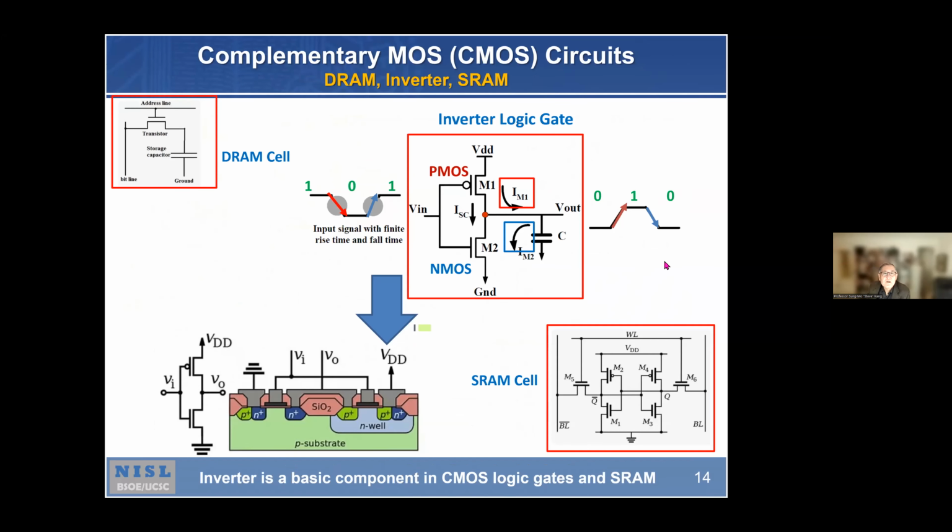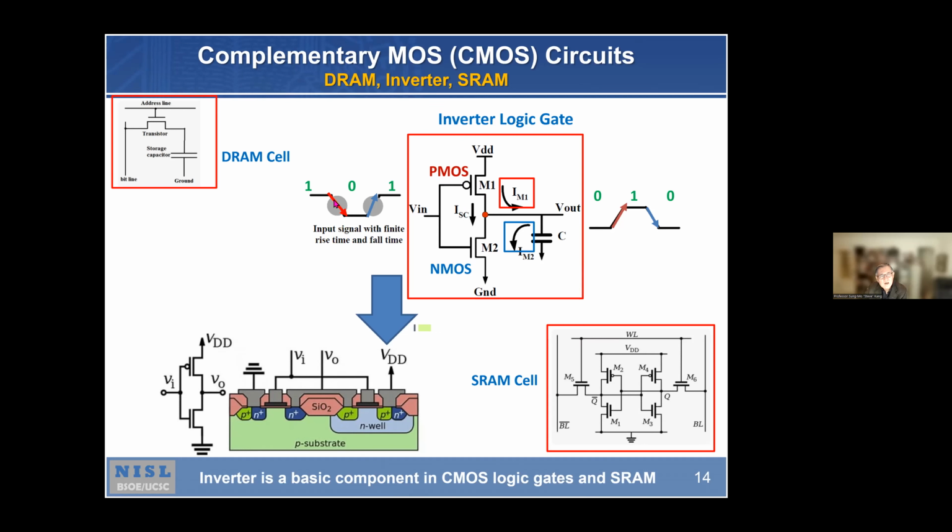If you are not familiar with the integrated circuit as a device engineer, it is illustrated in this inverter logic gate. That is the most basic circuit element in VLSI, which consists of an NMOS transistor and a PMOS transistor joined at the drain, sharing the input and the output.